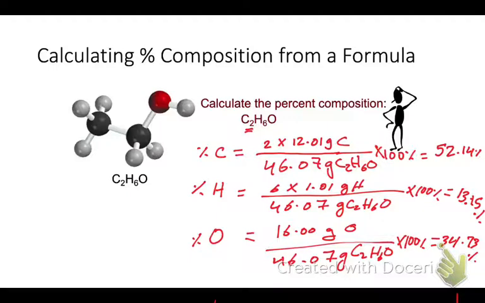Now notice, if you add up all the percentages together, they have to equal 100%. Like 52 plus 13 is 65, plus almost 35, that is definitely 100% if you add the other fractions. Okay, let's move on.